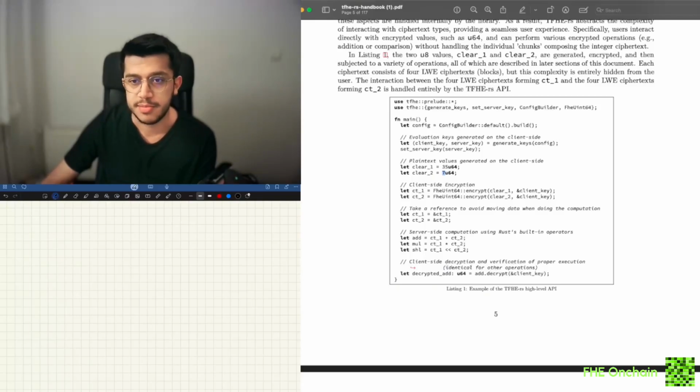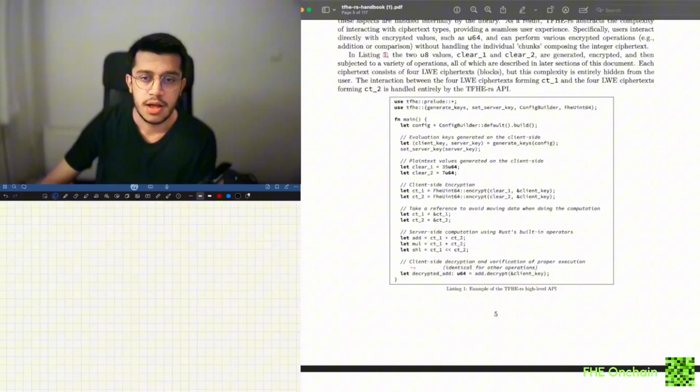Yeah, this is a symmetric setup because we're going to use the client key for decryption as well. We're encrypting them using the client key and obviously taking their reference to avoid moving them. On the server side, we can add them, we can multiply them, and we can compare them, or do some other operations as well, homomorphically without decrypting.